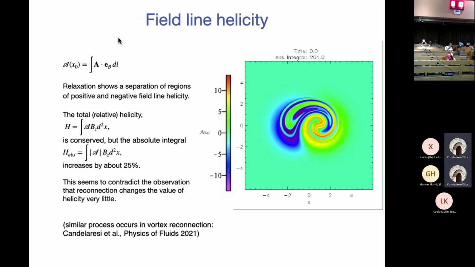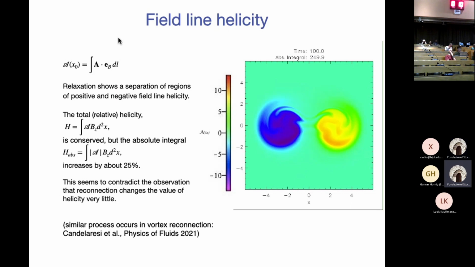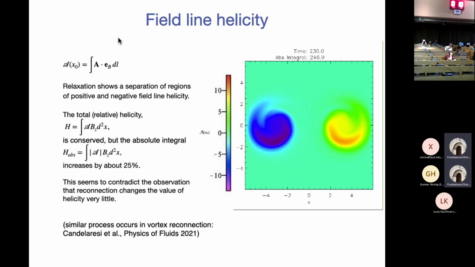Right. So if you plot this instead of your force-free field parameter and let this run, you see something similar for our first example of the pigtail braid. The plot for this field line helicity looks kind of similar to the one for the current density, or integrated current density, the lambda star.